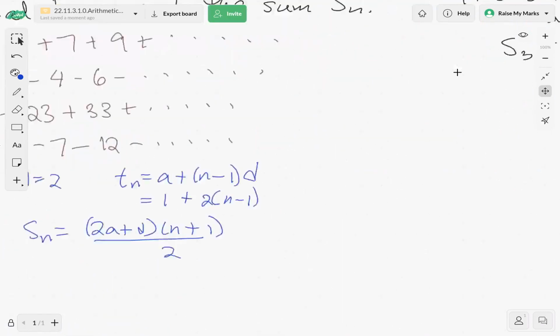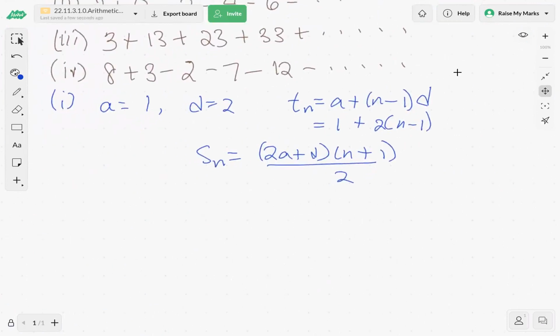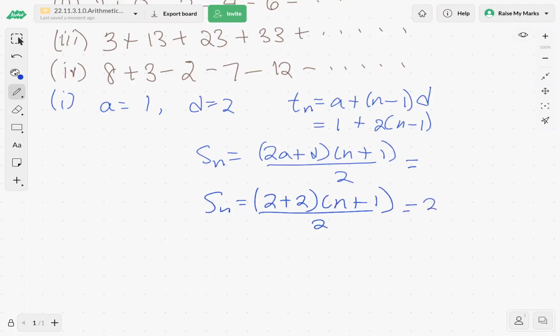Yes, I got that right. Now let's plug in our a and d. Sn equals (2 plus 2(n minus 1)) times n over 2, or 2n over 2, which is n squared. Good.